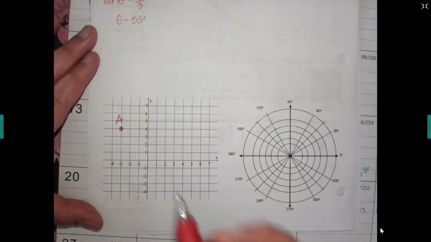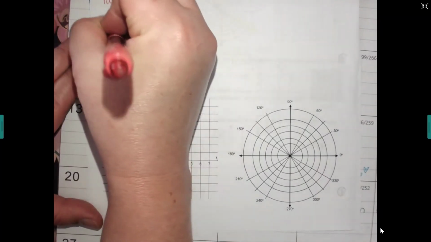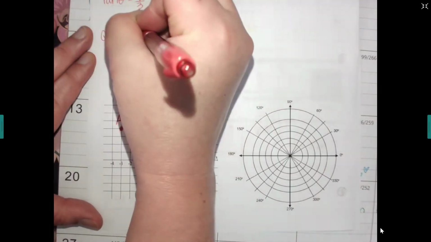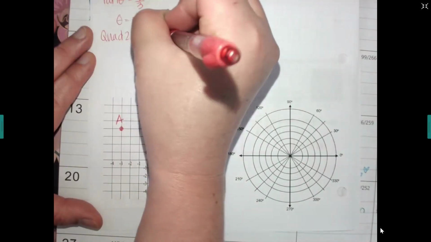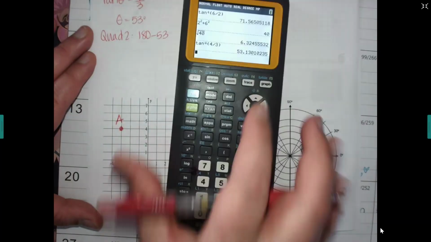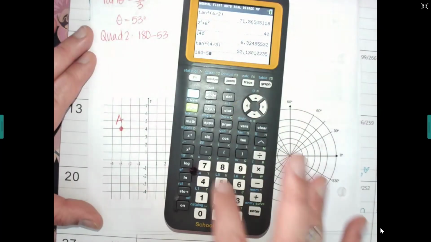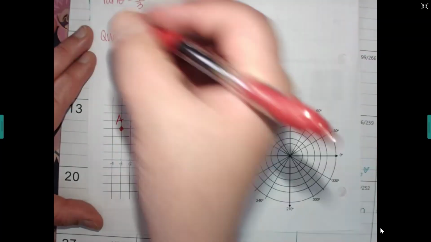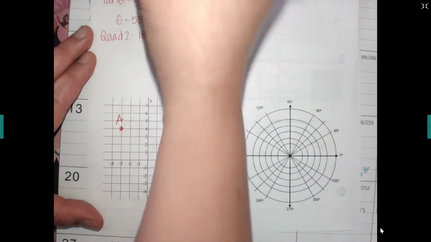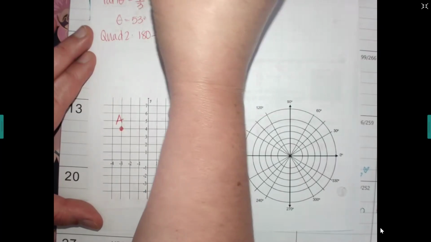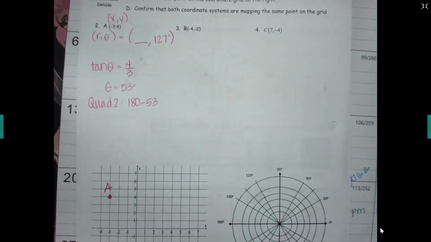So if it's 53, I'm going to put here quadrant 2. Means 180 minus 53, which gives me 127 degrees. So I'll put blank, comma, 127. Okay, remember the theta is the second digit.